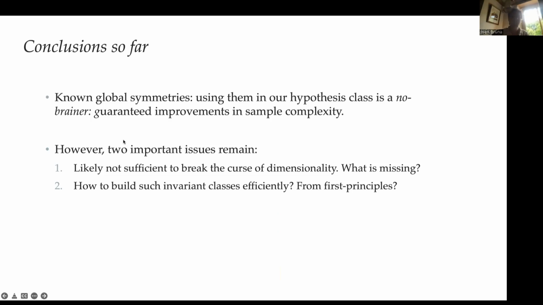And the other is that so far we have made this analysis from this smoothing operator, and this seems like a very abstract concept. There's no easy recipe for implementing this operator in practice in your algorithm, in your computer. So how can we build these invariants in a way that is efficient, that we can implement and that runs efficiently? These are the two important things that we are going to discuss next.